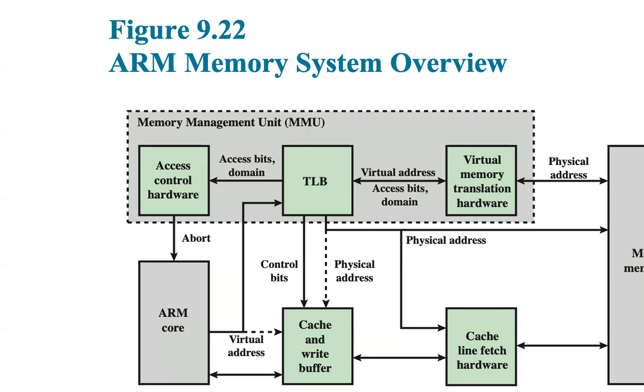This just gives us an idea of what would be done. You have the memory management unit here, dealing with the ARM core part of the processor, and you have caching that's laid out here, the TLB that we mentioned earlier, and ultimately it has to be converted into a physical address where it's loaded in main memory.